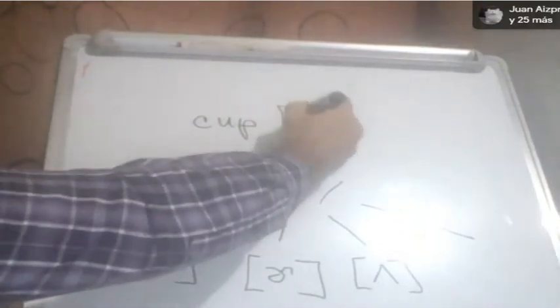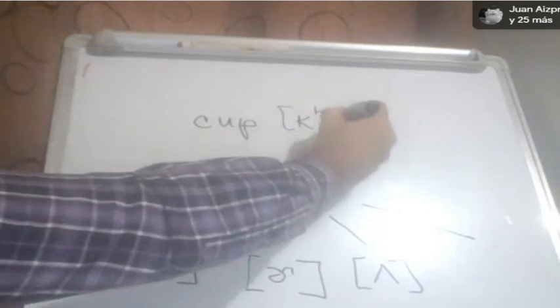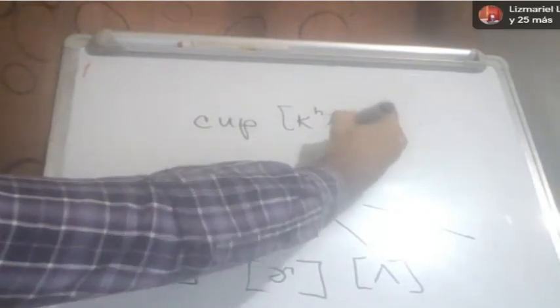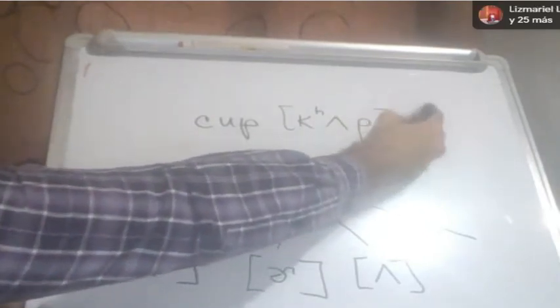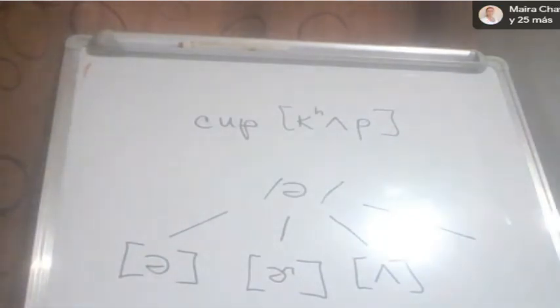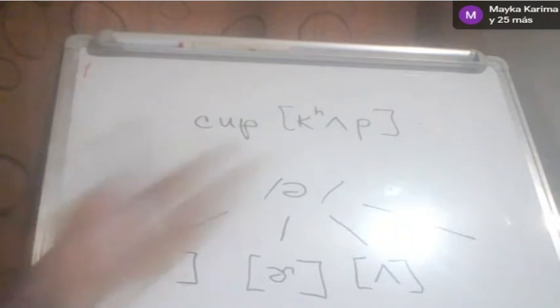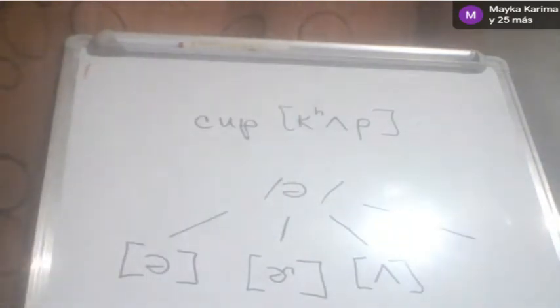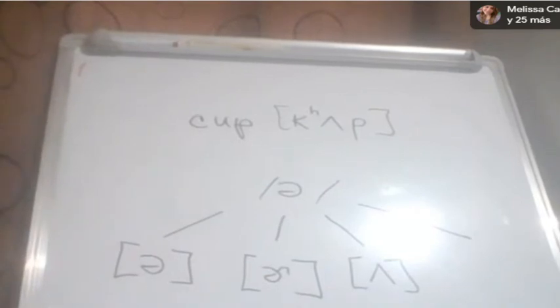So here we say, again, aspiration. It is not followed by and since it is a monosyllabic word, the stress is precisely on that syllable, so that's it, right?